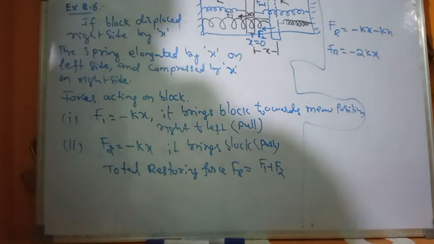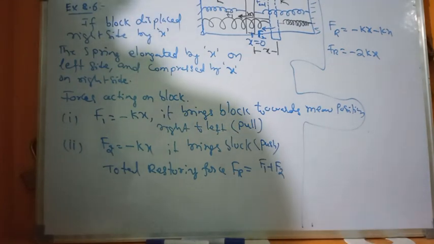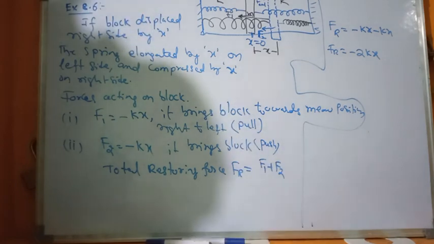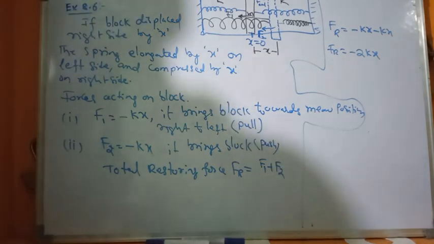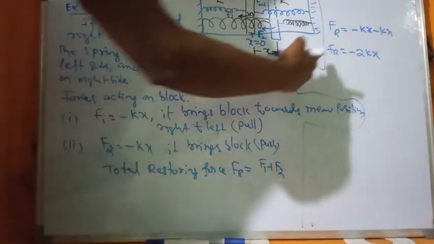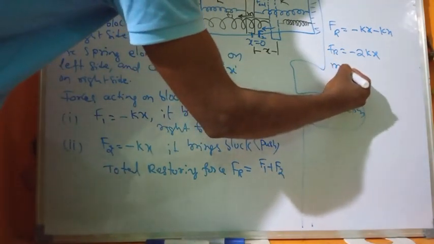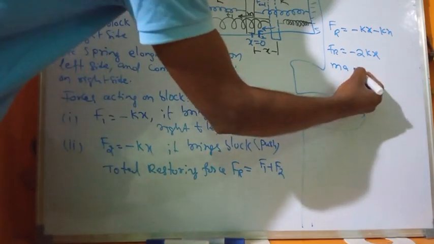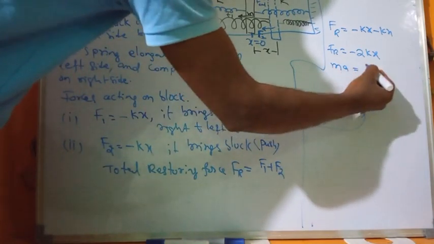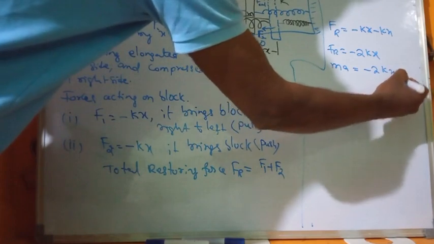This is the total restoring force. This is nothing but m into a, so F is equal to m into a, and this is minus 2kx.